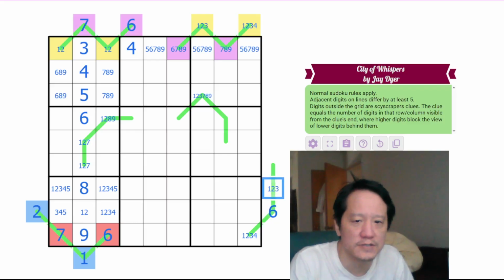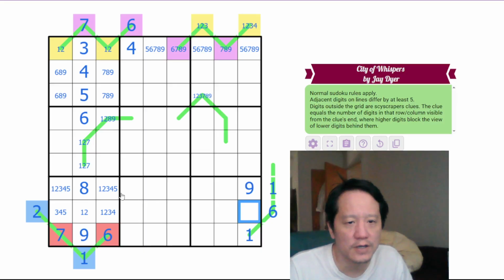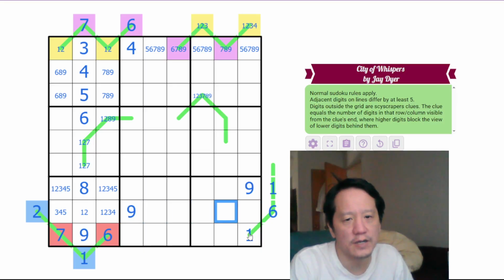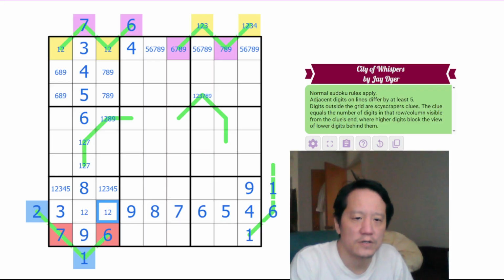So we have this 6, 1, and 1, which means 9 is there. 9 has to be here. It must see 4, 5, 6, 7, 8, 9. Which means this can't be 4, 5. That's 3. This is 1, 2 as a pair. So far, that looks okay. No 3, 4, 5.